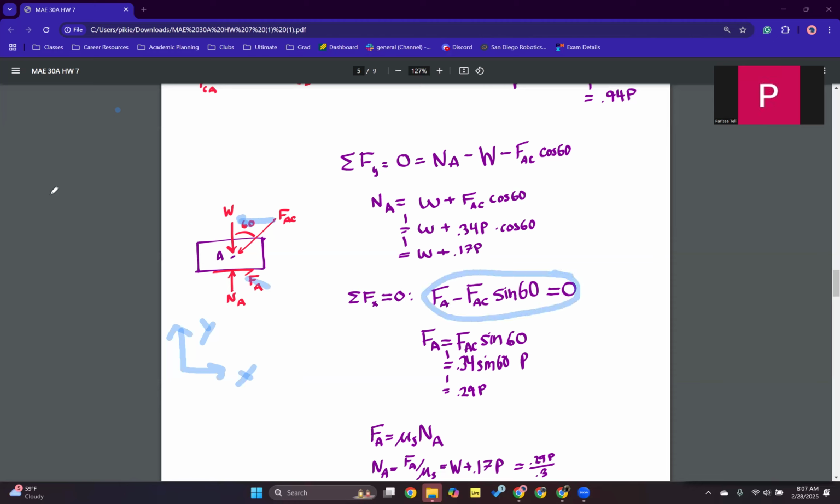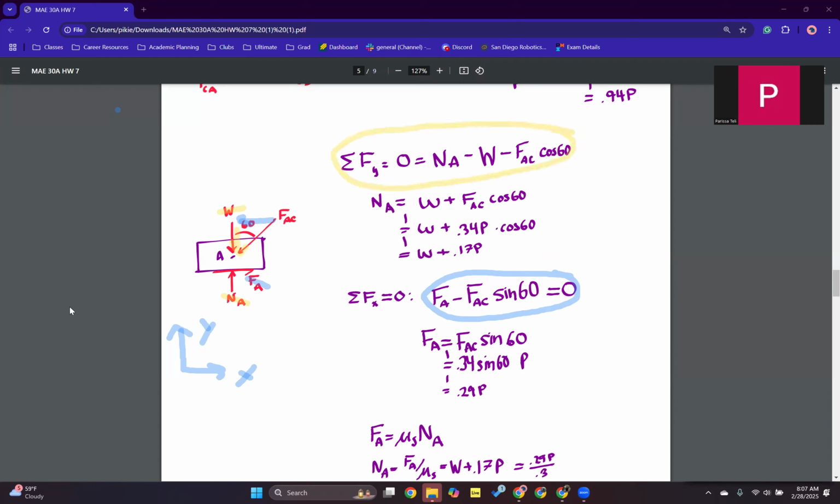And then for forces in the Y direction, we have the normal force pointing upwards here. And then we have the weight going down, and then this vertical component of FAC, and that'll give us this equation.